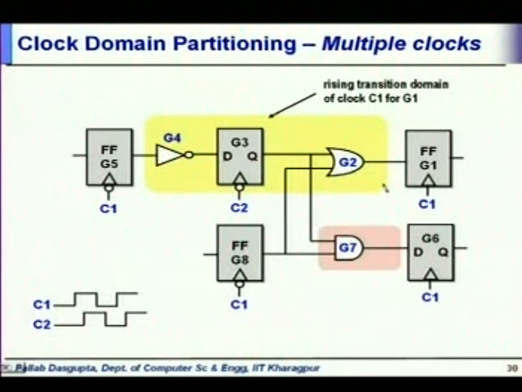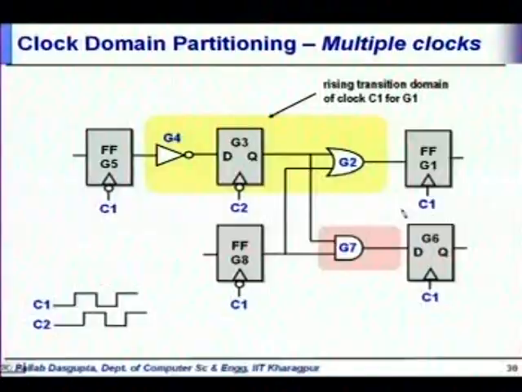So, to find out the clock domain for the rising transition of C1, we first identify which are the flip flops which are triggered by the rising condition of C1. We find that G1 is triggered by the rising clock of C1. Let us look at the other two flip flops G5 and G8.